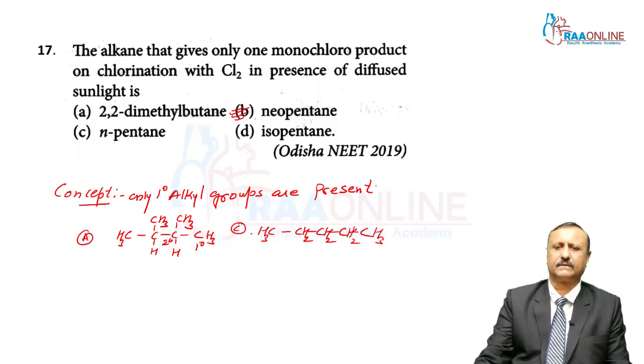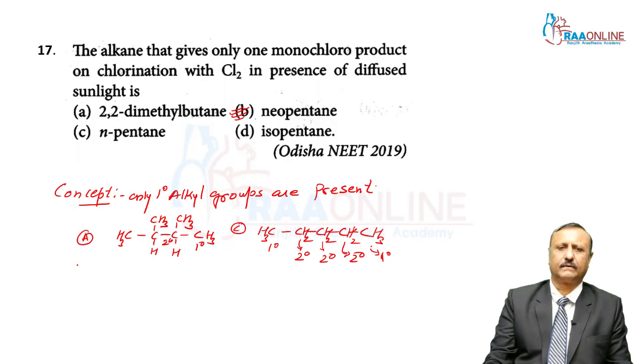My dear students, here this is the primary carbon atom because it is attached to a single carbon atom. Here this is the secondary carbon atom because it is attached to 2 carbon atoms. Here this is also secondary, and this is also secondary, and this is a primary carbon atom. When you chlorinate this normal pentane, you get 2 types of chloro product, primary as well as secondary.